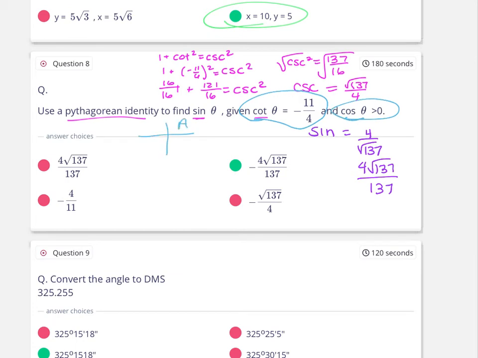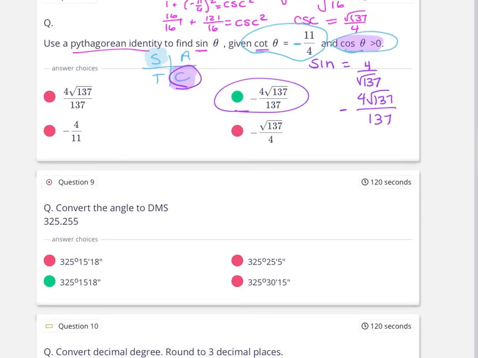Cotangent is negative in 2 quadrants, the second quadrant and the fourth quadrant. Then cosine is greater than 0, so I want cosine to be positive. Cosine's negative in the second quadrant, so that means I'm looking at the fourth quadrant. And in the fourth quadrant, my sine is negative. So my answer is negative 4 square root 137 over 137.